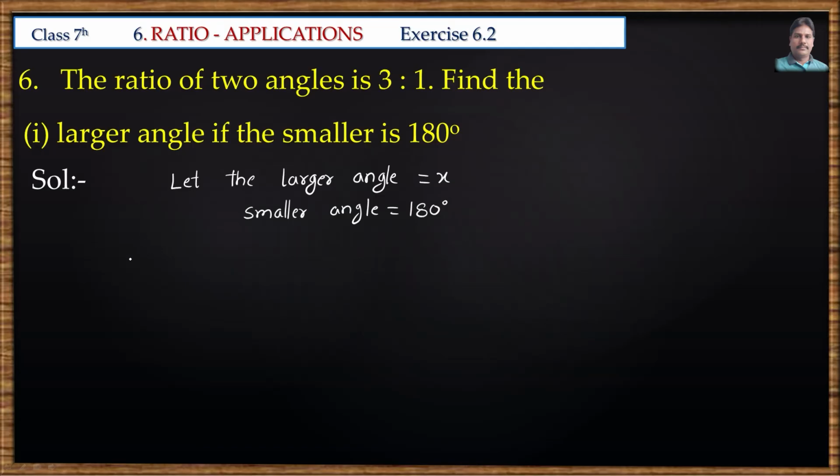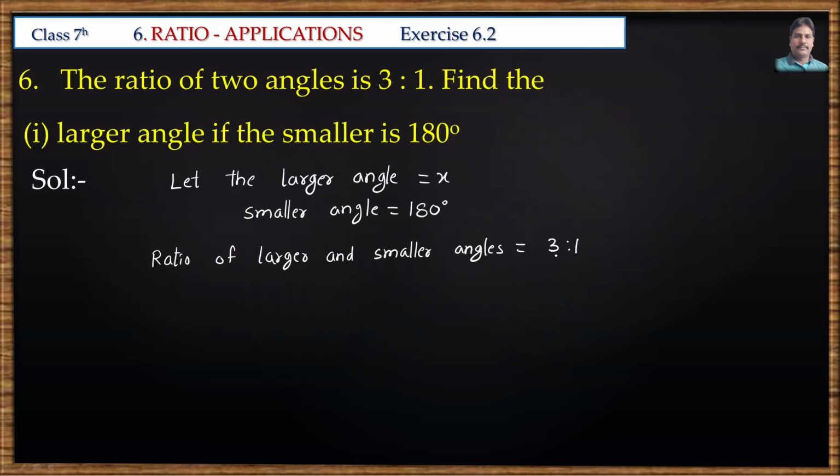We know the ratio of the larger and smaller angles. Ratio of larger and smaller angles is equal to 3:1.